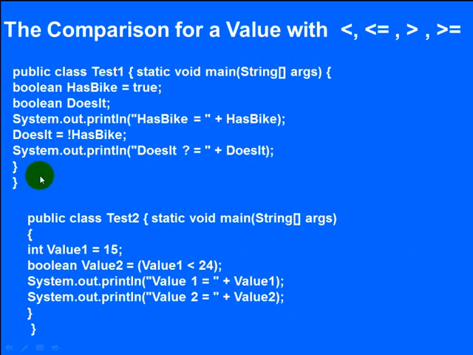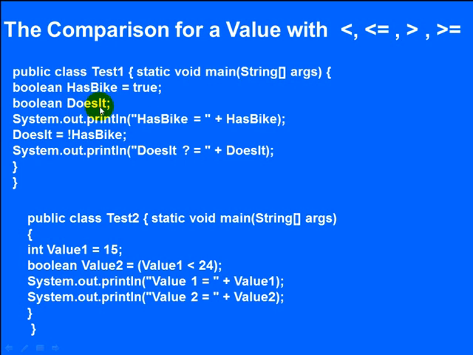Here we have taken an example where we shall learn how to make use of the logical not first of all. So here we have hasBike, which is a variable of type boolean. It means we can store true or false in this hasBike variable.